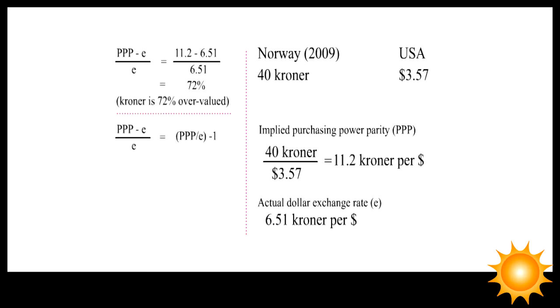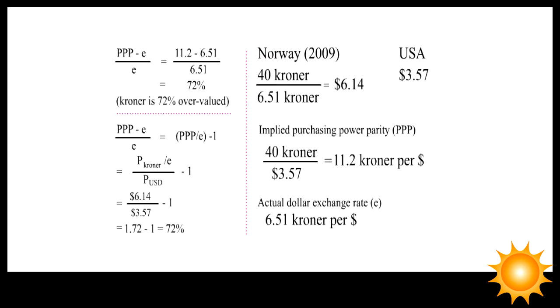Let's divide the numerator and the denominator of the formula, each by the actual exchange rate E. The transformed formula says that we could first convert the kroner price into dollar price using the actual exchange rate E, and divide the dollar price in Norway by the dollar price in the US. We can get the same 72% overvaluation of the kroner by subtracting 1 from the division result.